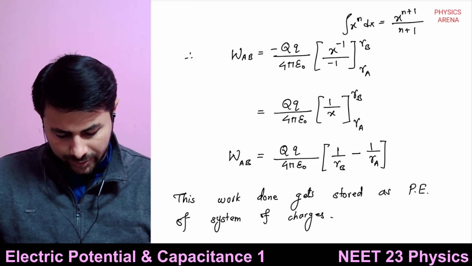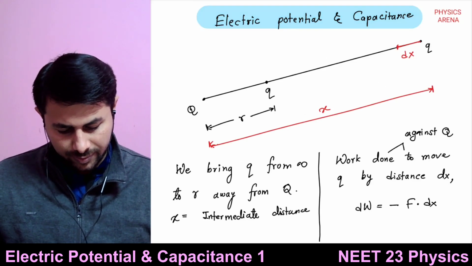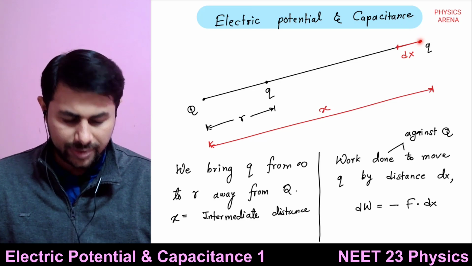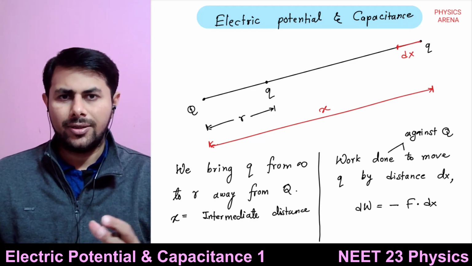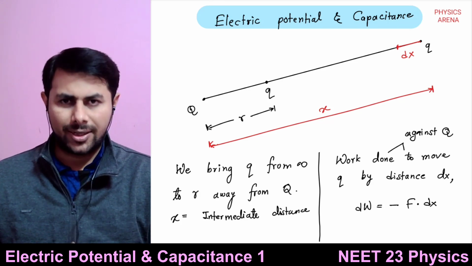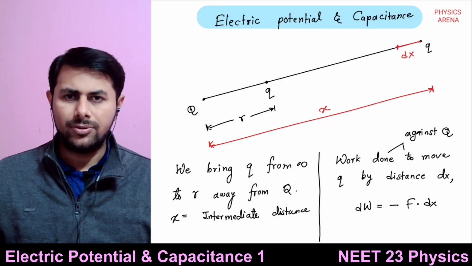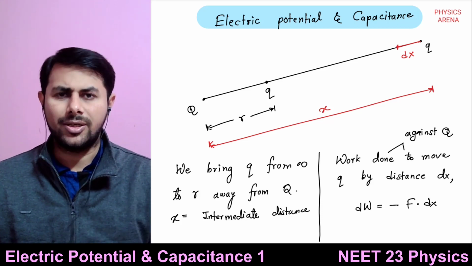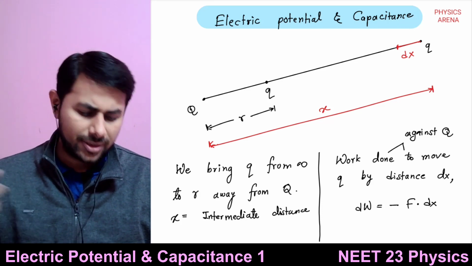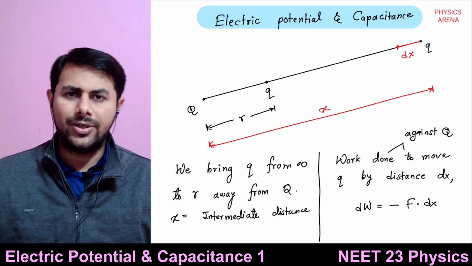All right. So work done. See, we are moving this small charge, small q, from infinity and we'll keep it at distance r. Now suppose we take some initial point A and final point B. Abstract points. Finally we will call them infinity and r.